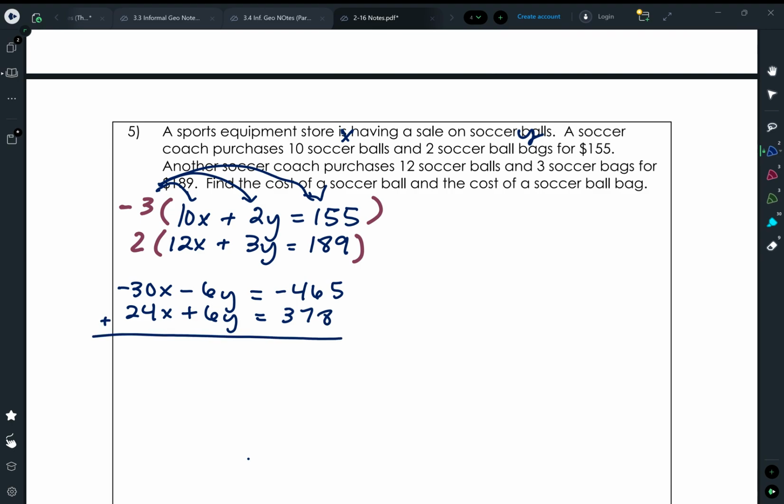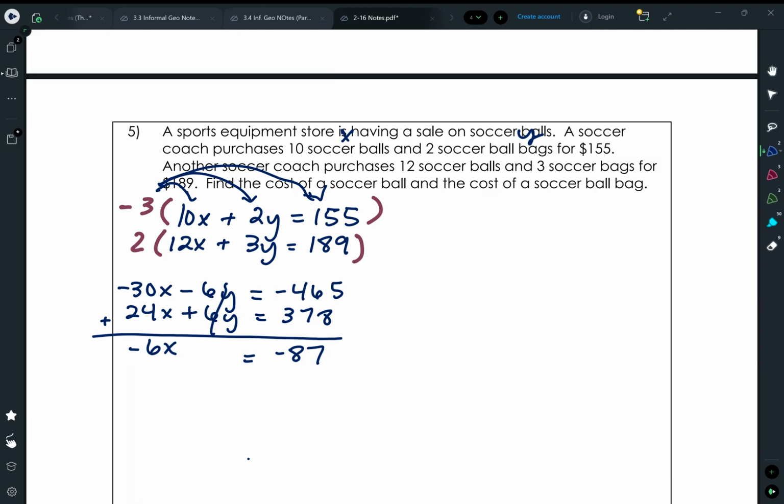So when I add together, my negative 30x and 24x makes a negative 6x. My y's have zeroed out. And then I have a 465 minus a 378, which is now going to be a negative 87. Okay.